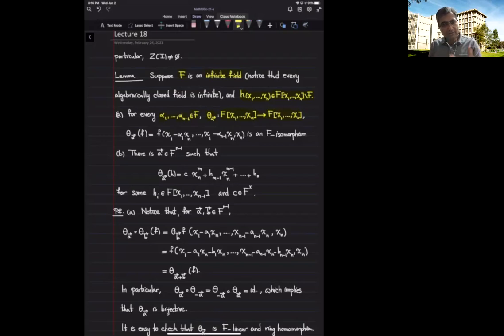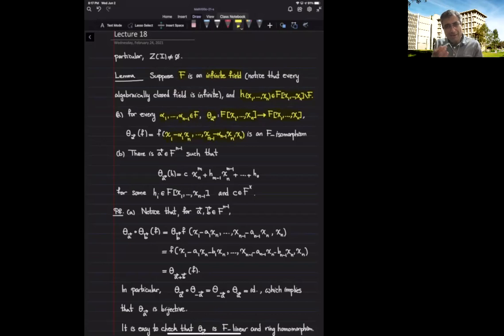First, I make this linear change to the coordinate system, x_i's, and I send x_1 through x_n to these coordinates: x_1 minus alpha_1 x_n, x_2 minus alpha_2 x_n, and so on up to x_(n-1) minus alpha_(n-1) times x_n, and I'm not changing the last one.